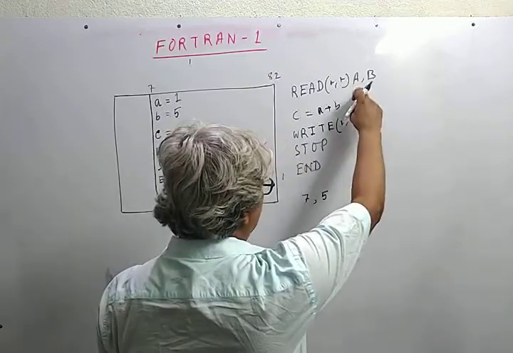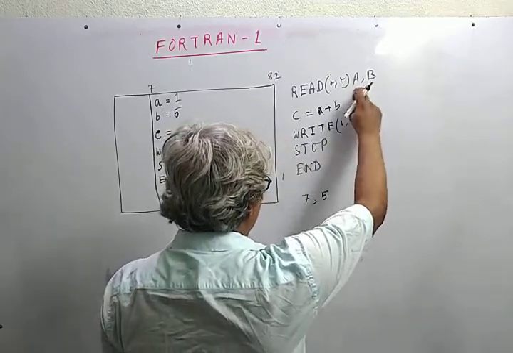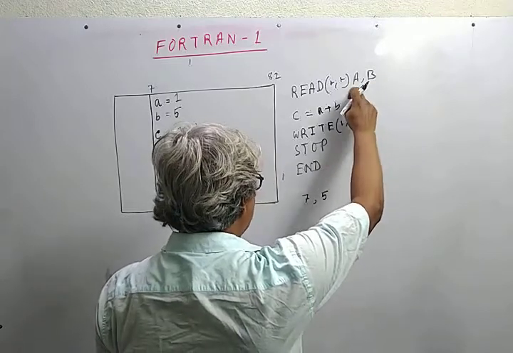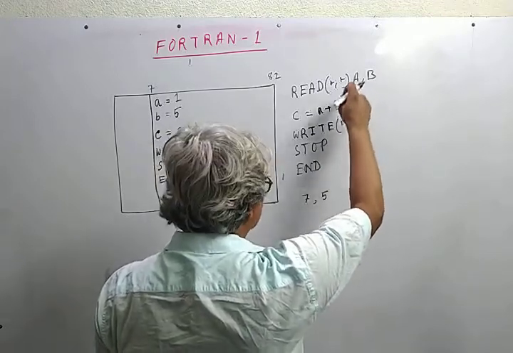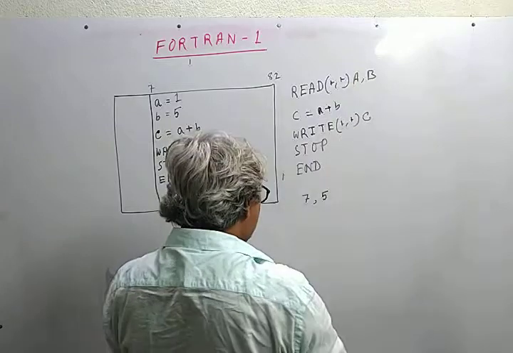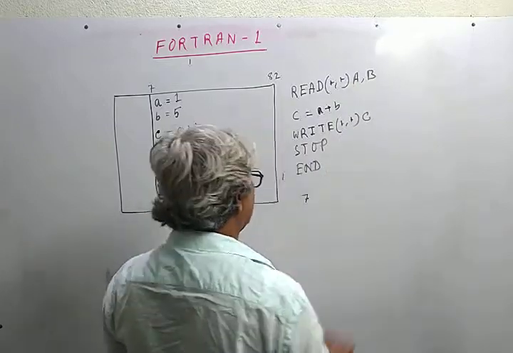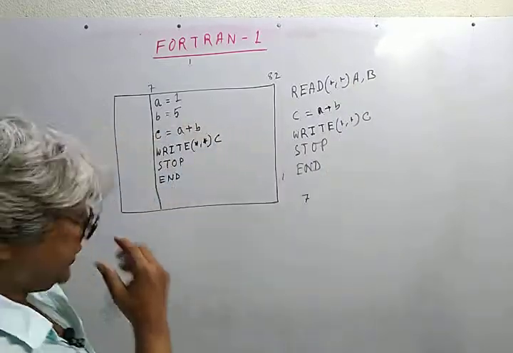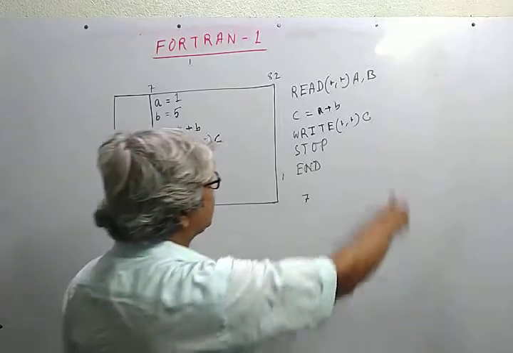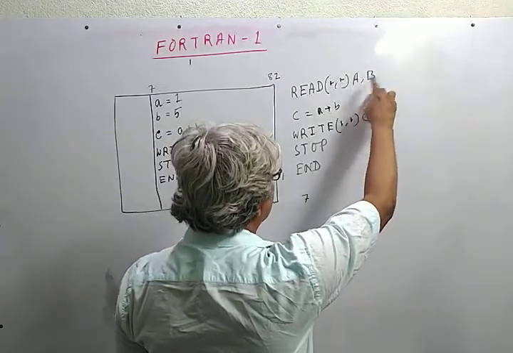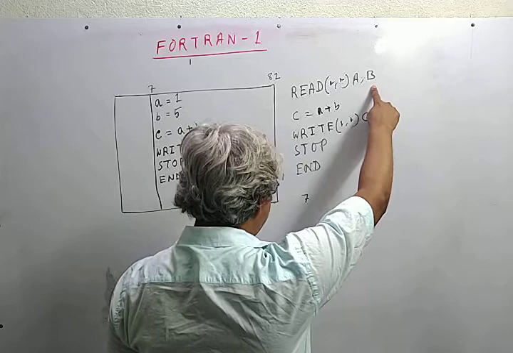As soon as you provide the values of A and B, it comes to the second line. If one gives the value of A only, it will still stay on this line because B has not been supplied.